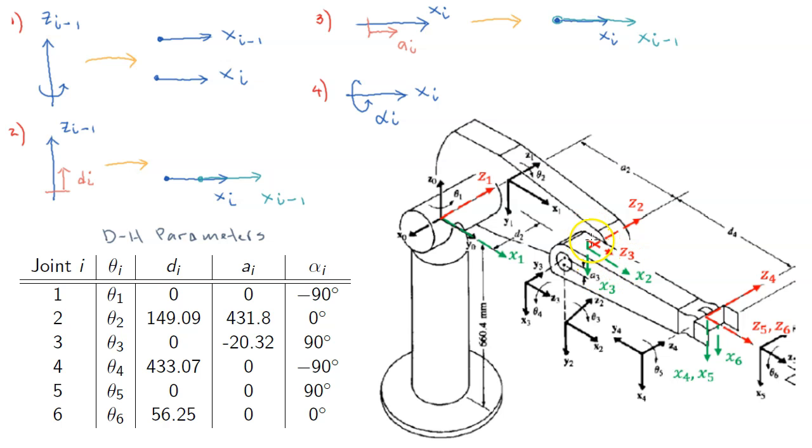Next, how much I have to translate coordinate frame 3 in Z3 to make X3 and X4 be in the same line. The answer is this much, right? From here, I have to move up to here. Only then X3 and X4 will be on the same line. And this distance is labeled here D4, and from our dimensions of the PUMA 560, we know it's 433.07.